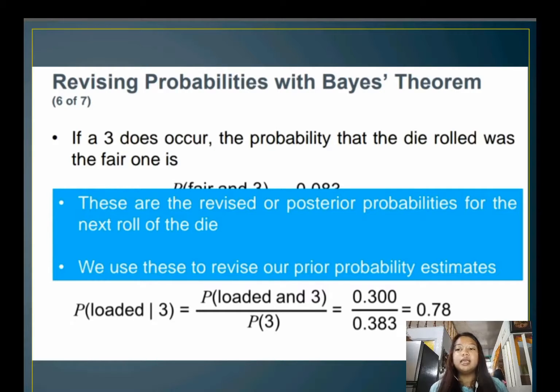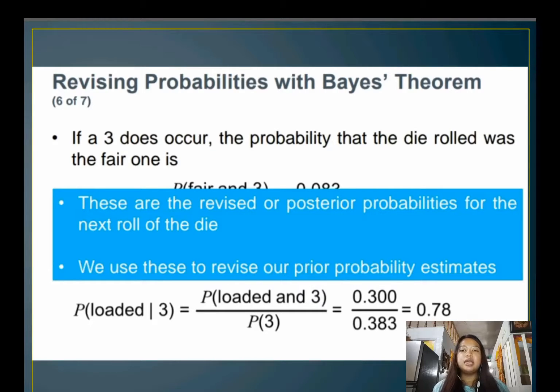So the probability of being loaded given that it is number 3 is equal to the probability of being loaded and 3 divided by the probability of it being 3, and this is equivalent to 0.300 divided by 0.383, and this will have a result of 0.78 or 78%.